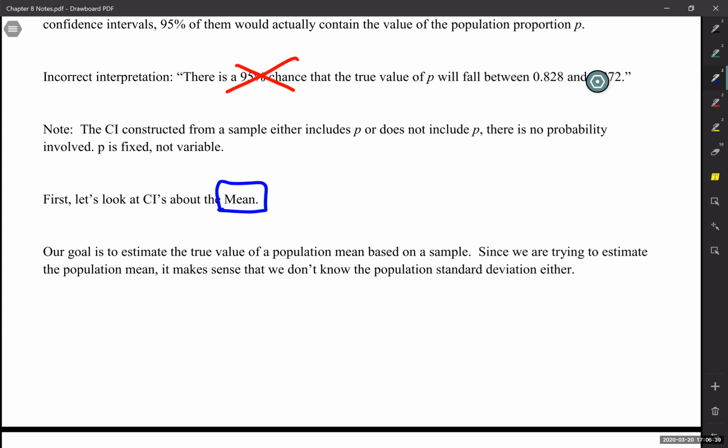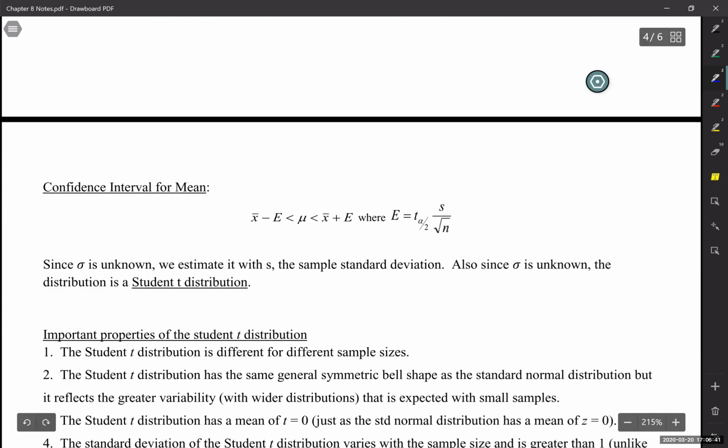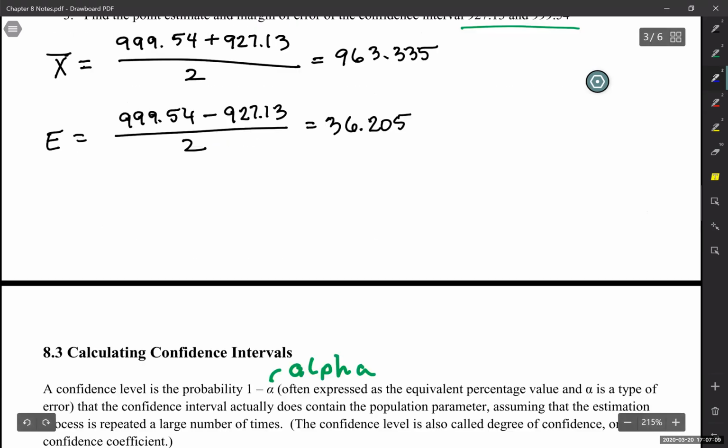So looking at the confidence interval for the mean, we have that our interval is X-bar minus E and X-bar plus E. So kind of going back to what we talked about in class that very last day, it would look something like this. X-bar minus E would be the minimum value, the lower value, and X-bar plus E would be that upper value, that maximum value.